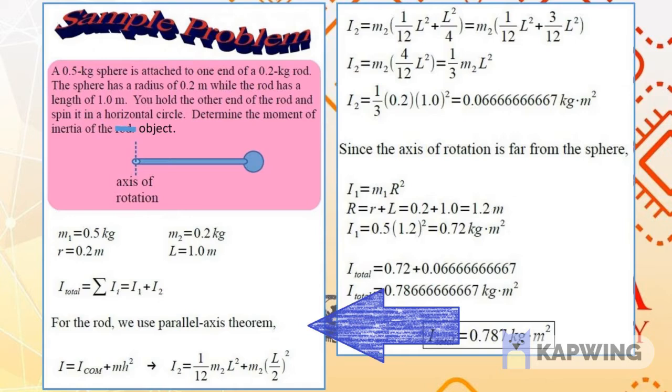Now, as you can see, the object is basically two objects connected together. You have the sphere connected to the rod. Each one has its own moment of inertia. Therefore, the total moment of inertia of the object is moment of inertia of the sphere, I1, plus moment of inertia of the rod, I2.